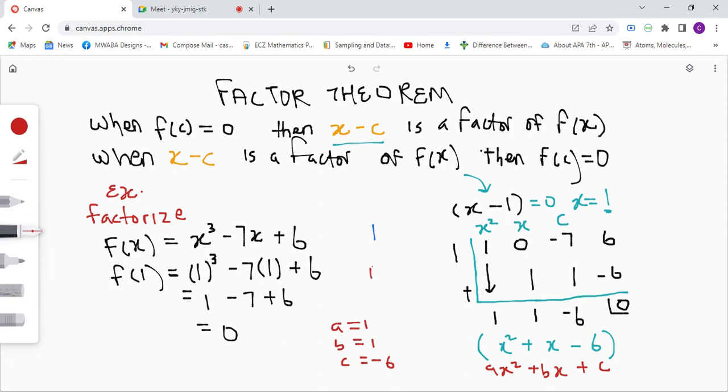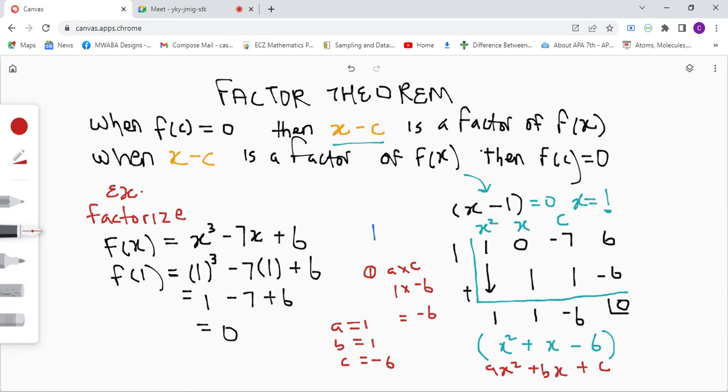The first step is you multiply a times c, the coefficient of x squared times the constant. That is 1 times negative 6, and we're going to get negative 6.